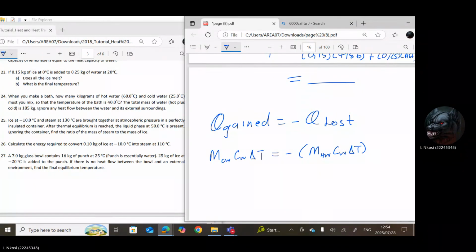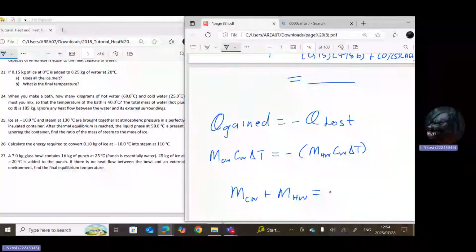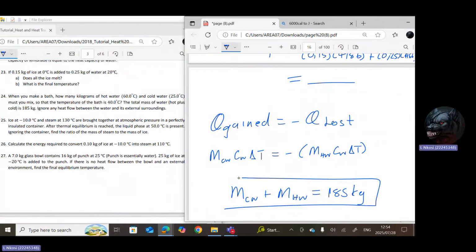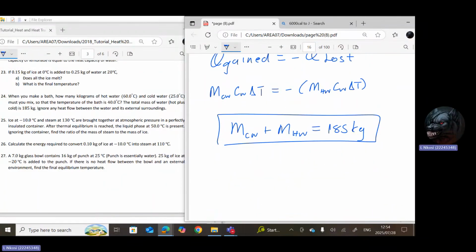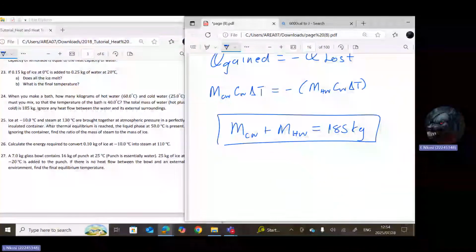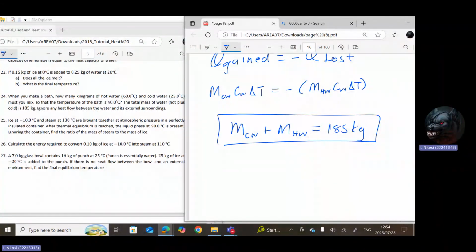So they tell you that the mass of the cold water plus the mass of the hot water is equal to 185 kilograms. You see that. So using this we somehow go to our formula and substitute the mass of the cold water with 4186.